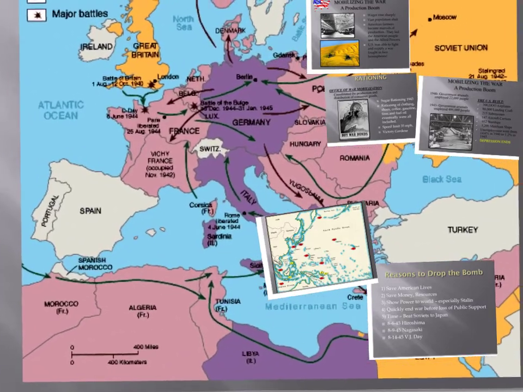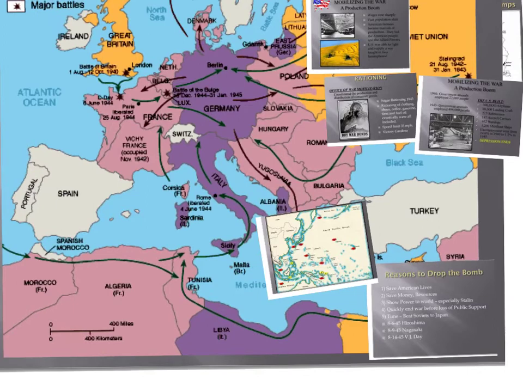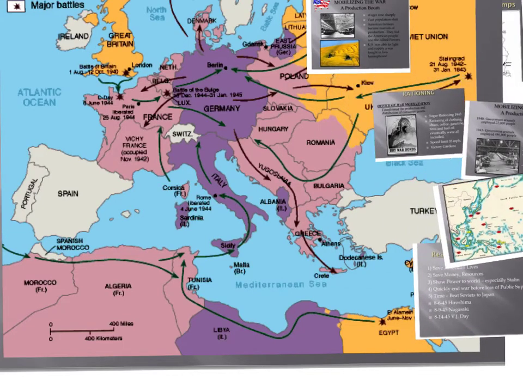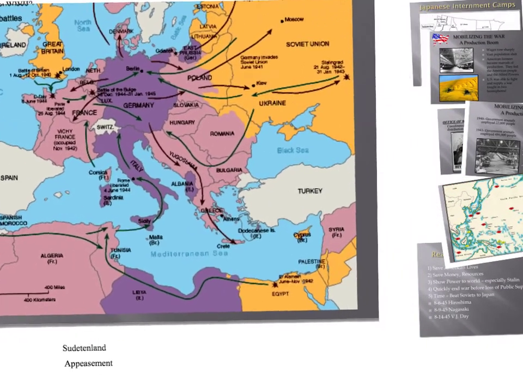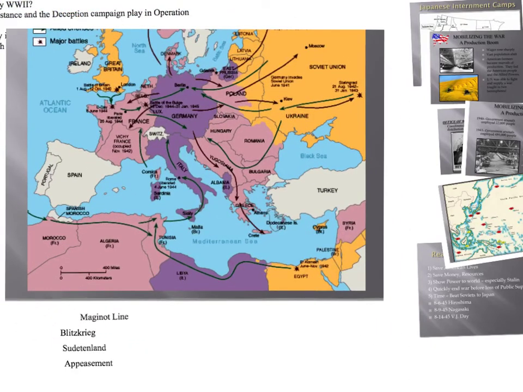Okay, then an overall strategy is to eventually fight this war on 3 fronts. So we talked about how, down here in the south, we have the battle in North Africa, we have the Battle of El Alamein, and the British pushing the Germans back this way.